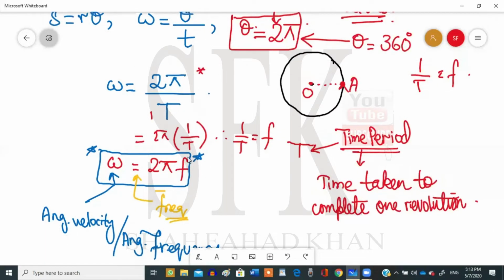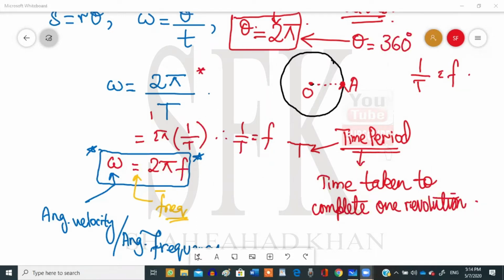This 2 pi into 1 upon T stuff? I've just replaced this 1 upon T by the frequency, 2 pi F. You know that 1 upon T is equal to the frequency, right? So just replace this 1 upon T by the F. So it will become 2 pi F. Omega equals 2 pi F.